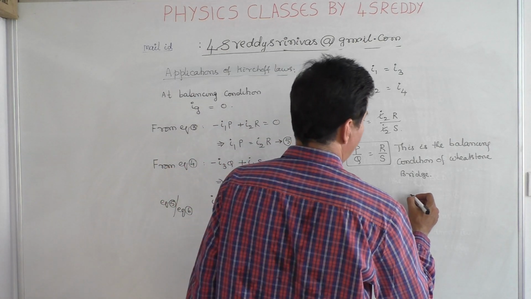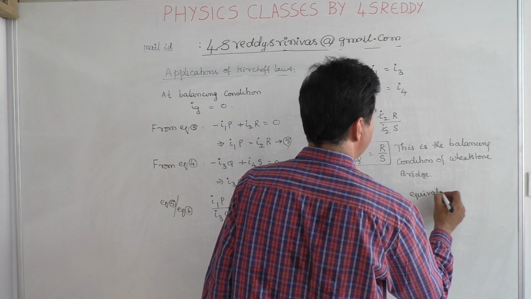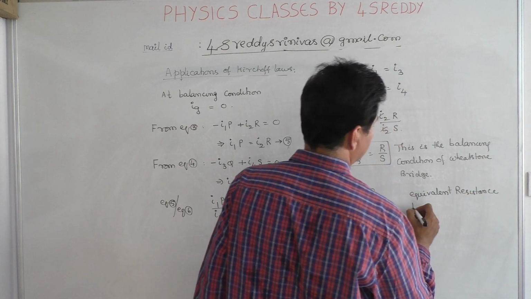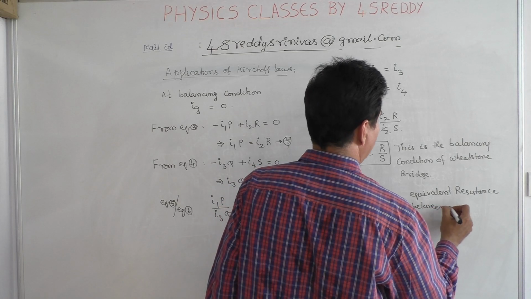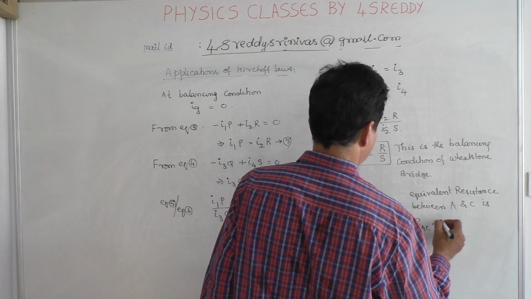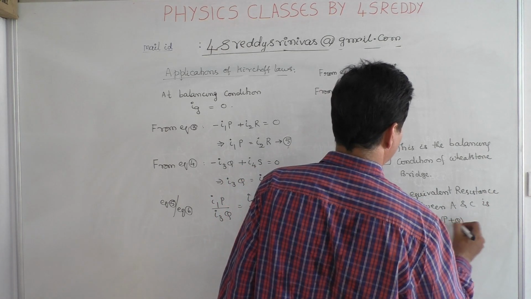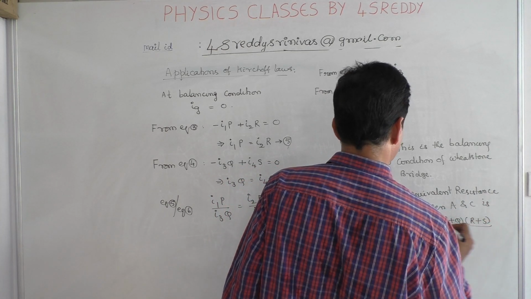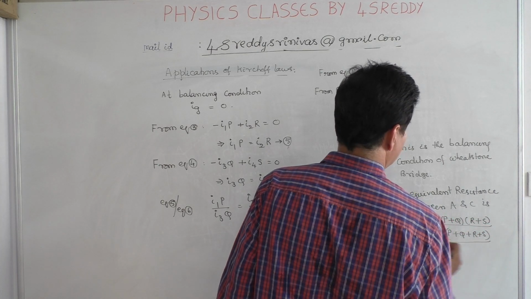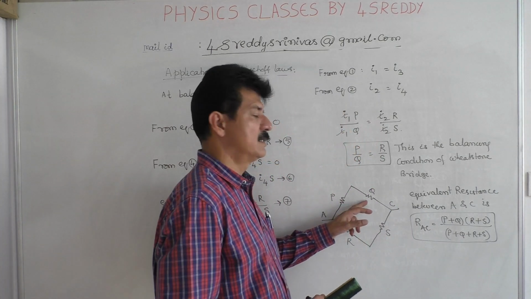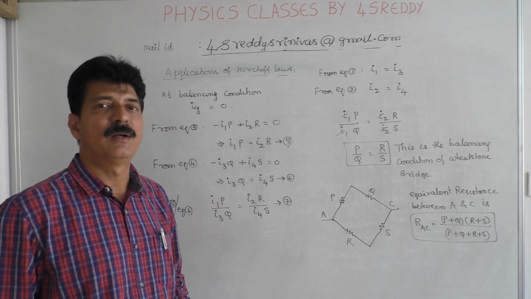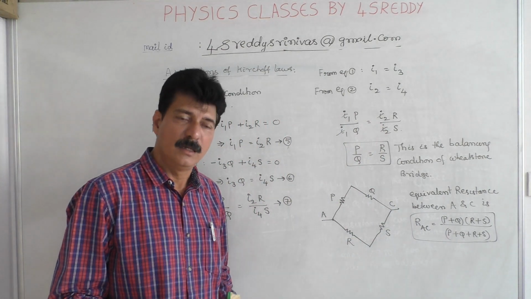Thereby, the equivalent resistance between A and C is RAC equal to (P plus Q) into (R plus S) by (P plus Q plus R plus S). Because these two are in series and these two are in series and these two are in parallel, then we can apply the formula R1 R2 by R1 plus R2 in parallel connection.